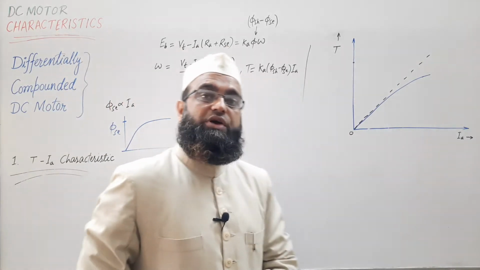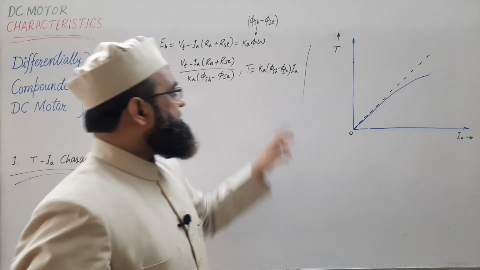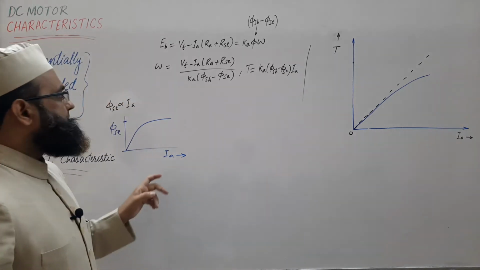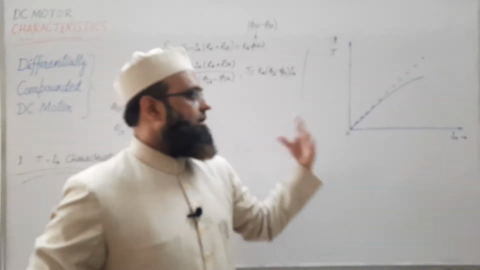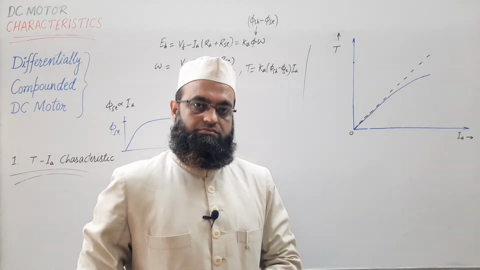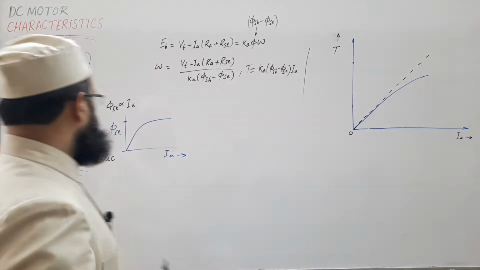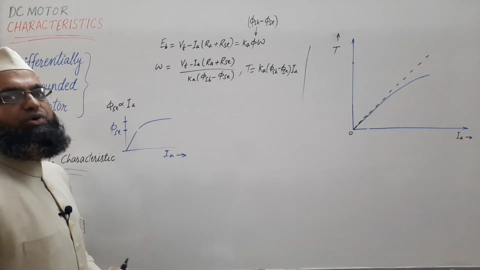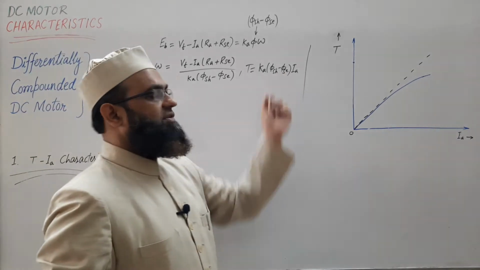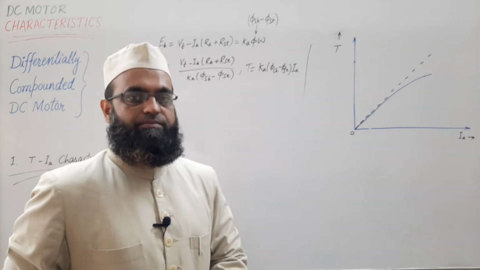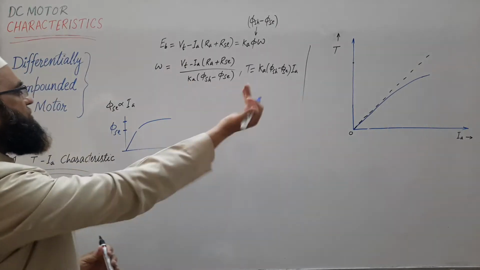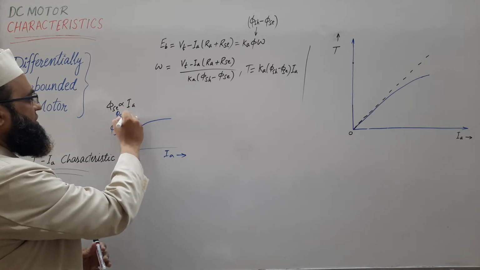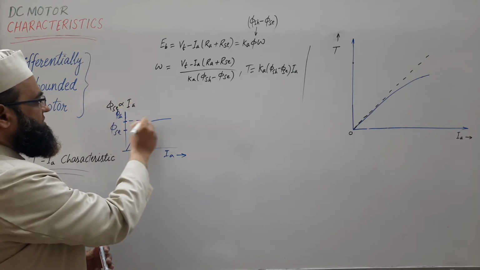For weak shunt, phi SH may be lesser than phi SE when armature current is large, somewhere below the saturation value. Only then this difference may become negative. Otherwise, in case of a strong shunt, our phi SH lies somewhere in this region above the saturated value.